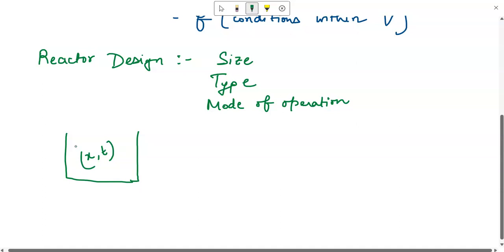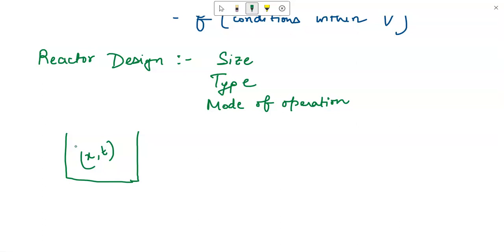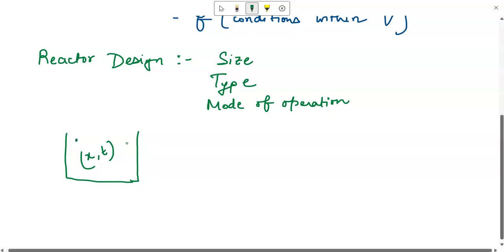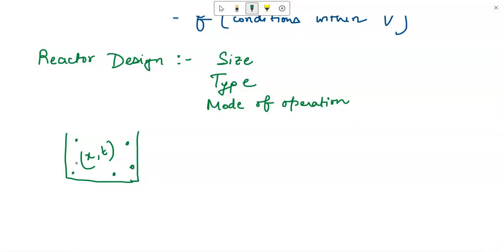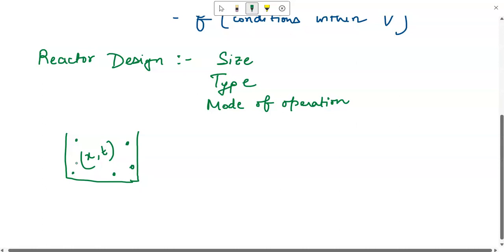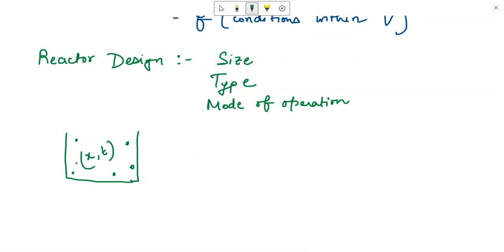Now, again, depending on the temperature and composition of the reaction, these conditions may vary from point to point within the same reaction volume. Okay, for real world applications, this greatly depends on whether your reaction is endothermic, whether it is exothermic, whether there is any cooling involved, and if there is any flow through.